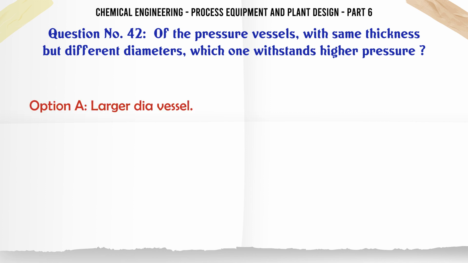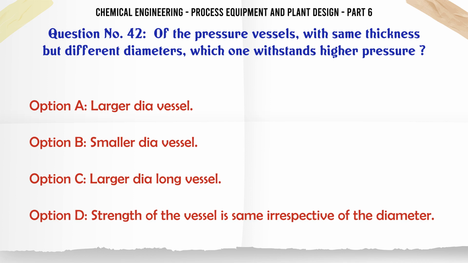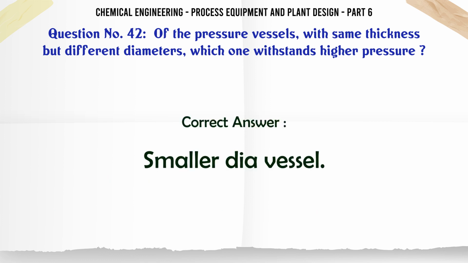Of the pressure vessels with same thickness but different diameters, which one withstands higher pressure? A. Larger dia vessel, B. smaller dia vessel, C. larger dia long vessel, D. strength of the vessel is same irrespective of the diameter. The correct answer is smaller dia vessel.